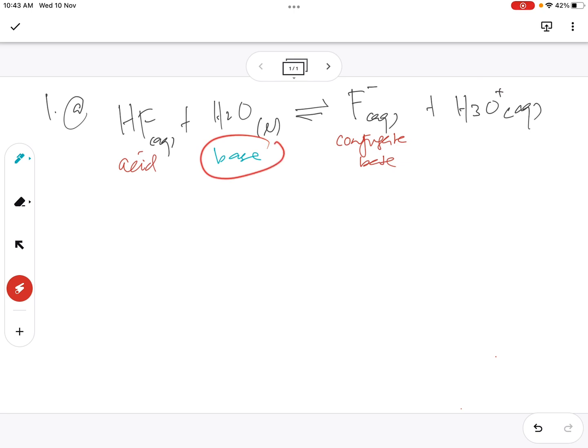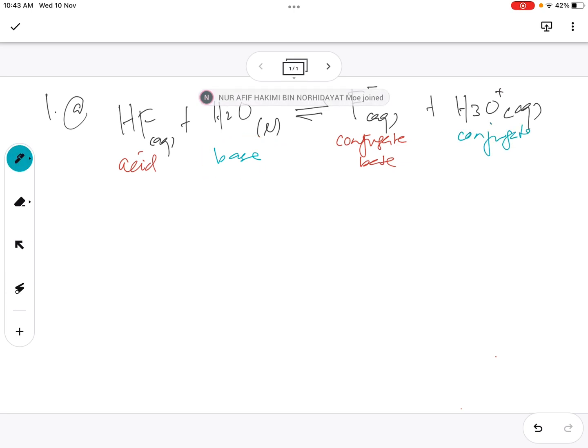So if this is a base, the partner is called the conjugate acid. Okay, clear about that? Good.